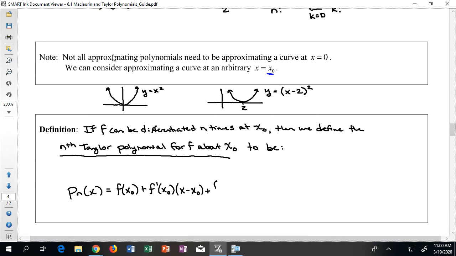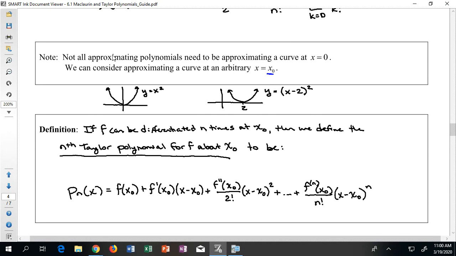So notice that I'm going to get these same kind of crazy looking formulas with a bunch of different derivatives, dividing by factorials, and I'm still going to have x's raised to powers along the way, but they're going to be shifted. And so as I continue on here, I'm going to finally end with something like an nth derivative with an x0 plugged in over n factorial times (x minus x naught) to the power of n.